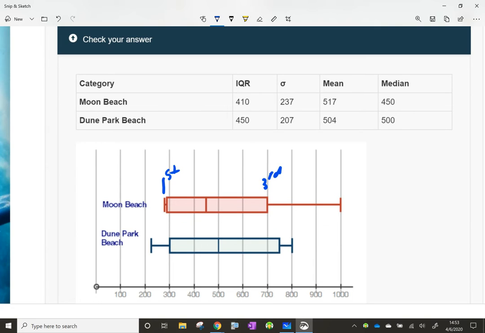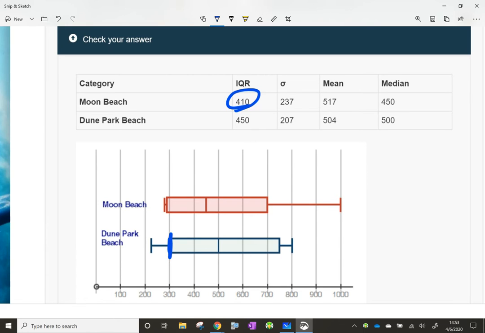You can see the bar at the end of the box is at about 290, and the end at the third quartile is at 700. So that span from 290 to 700 is 410 values. So the interquartile range is 410. That's what the interquartile range is talking about. It's kind of just the range of the box, how long the box is.